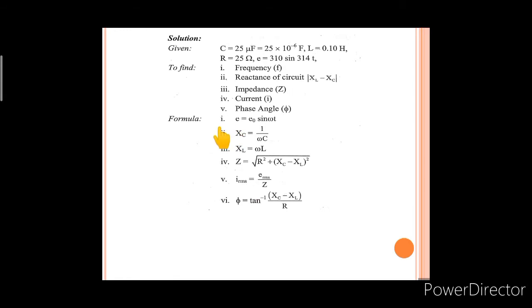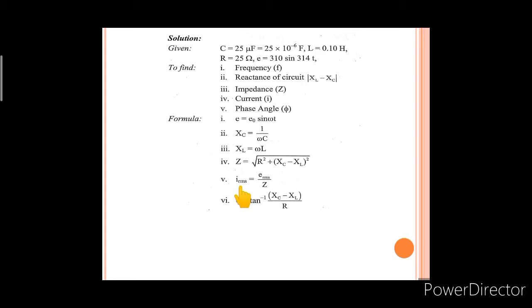The formula we are going to use over here is E is equal to E0 sine omega t. Next formulas we have to use: XC is equal to 1 upon omega C and XL is equal to omega L. To determine impedance we have to use the formula Z is equal to square root of R square plus XL minus XC the whole square.